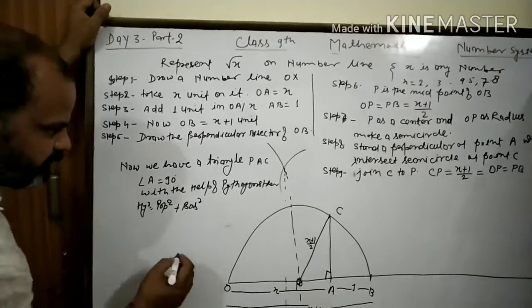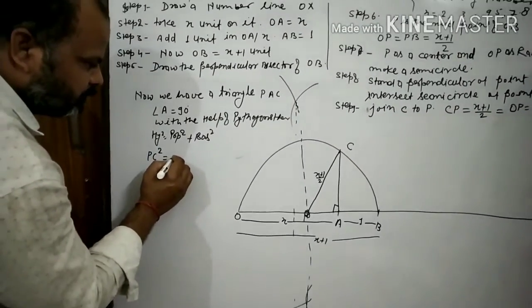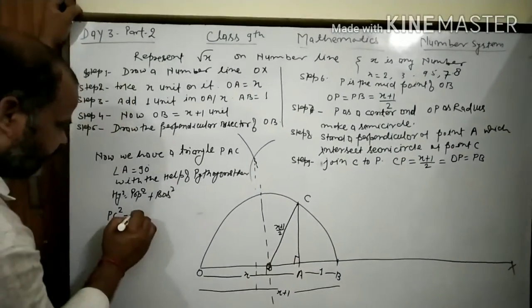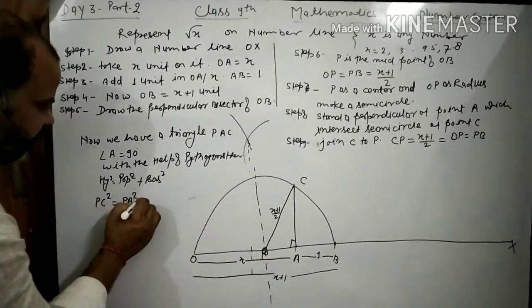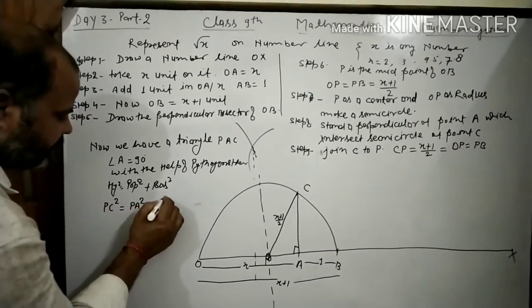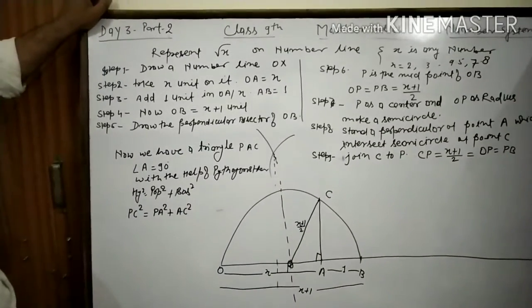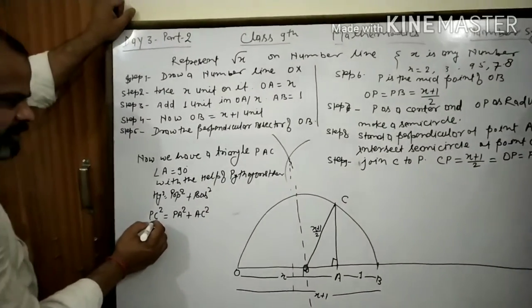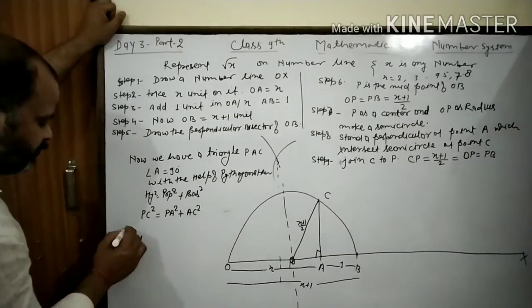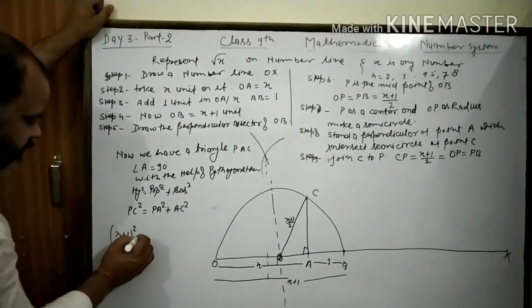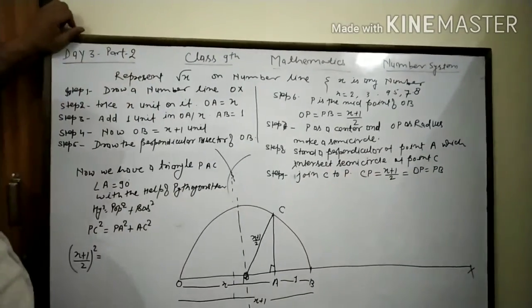Then hypotenuse PC square is equal to PA square plus AC square. Here AC is the perpendicular and PA is the base. Clear? We have PC. PC means x plus 1 by 2 whole square. Clear? It is given here. CP or PC both are the same.